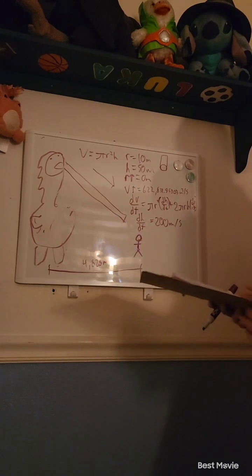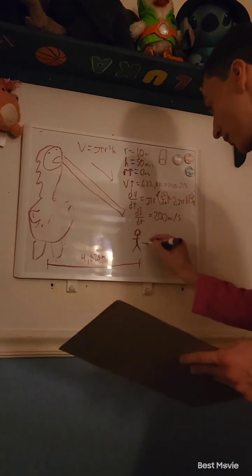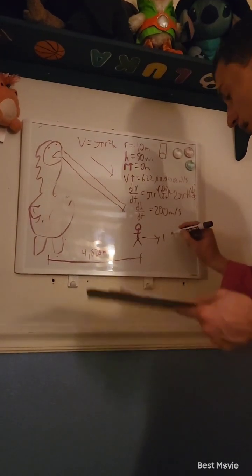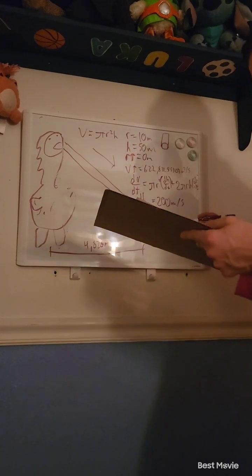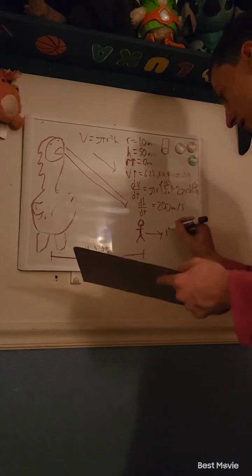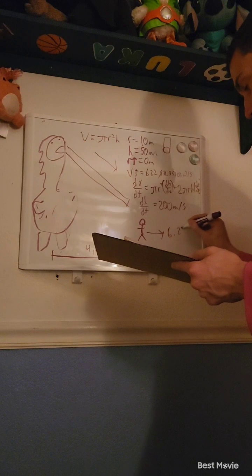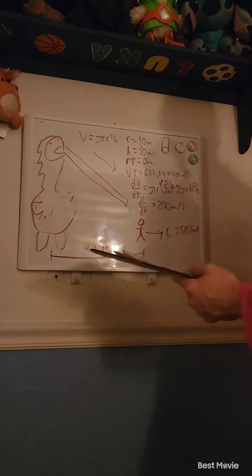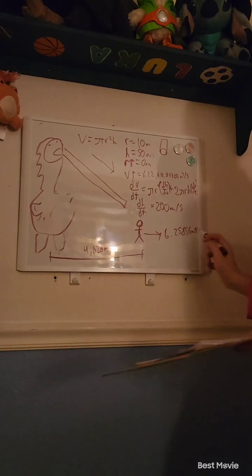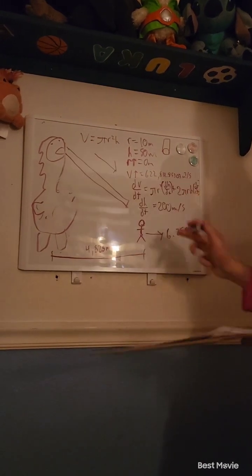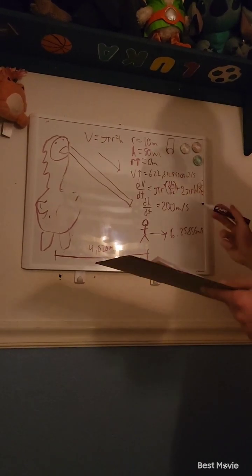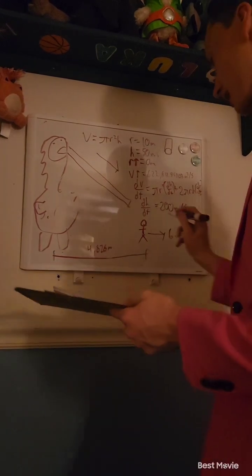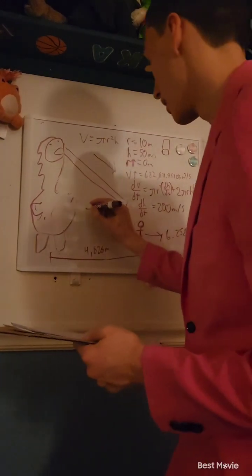So, assuming we're running away, once again, at 14 miles per hour, or in meters is going to be 6.25856 meters per second, we can once again find out the rate at which the laser is getting closer to us.